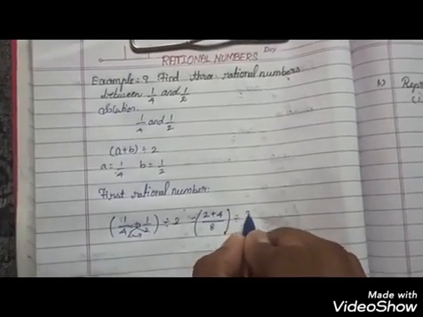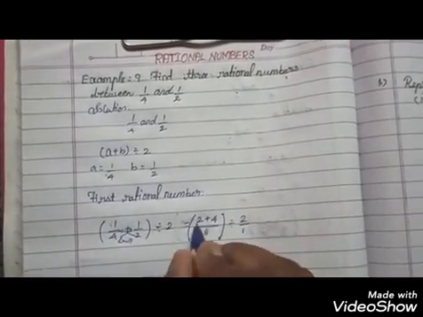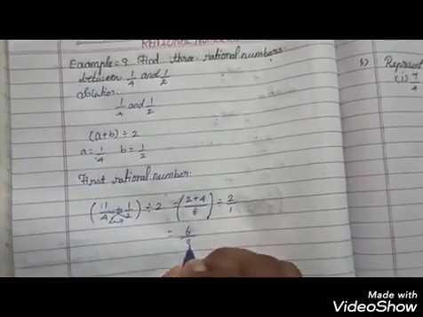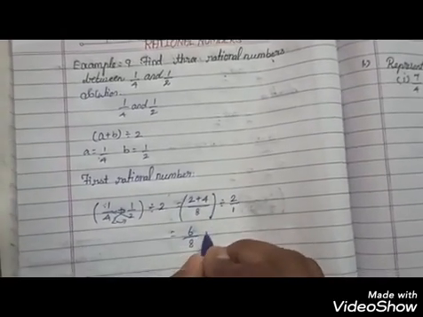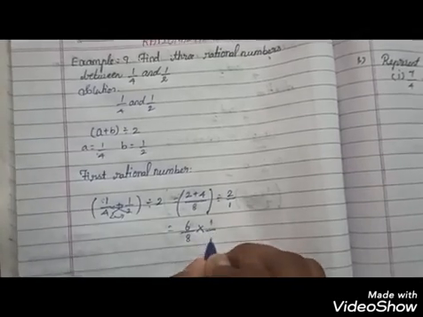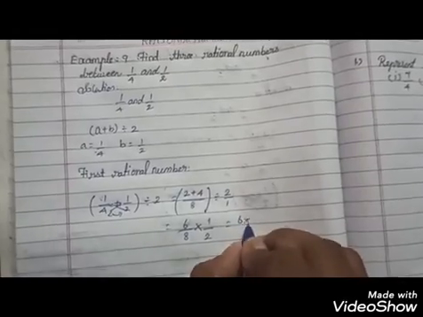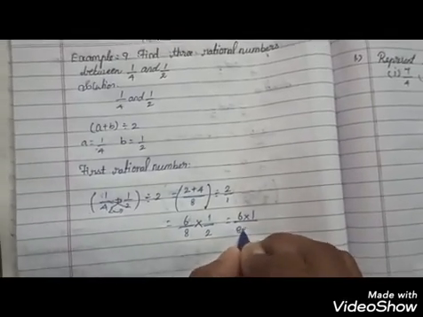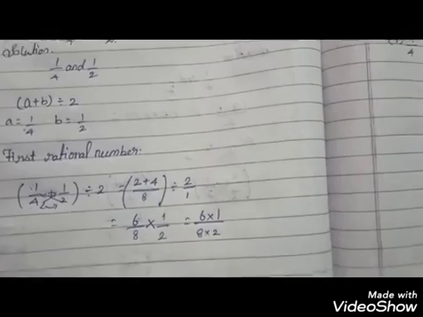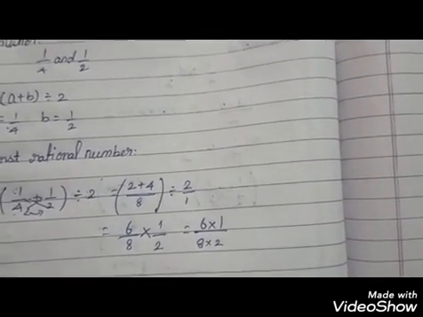Next, divided by 2/1. So now 6/8. This division can be changed as multiplication by 1/2, which implies 6 into 1 divided by 8 into 2. Otherwise you multiply and solve it, whatever it is.